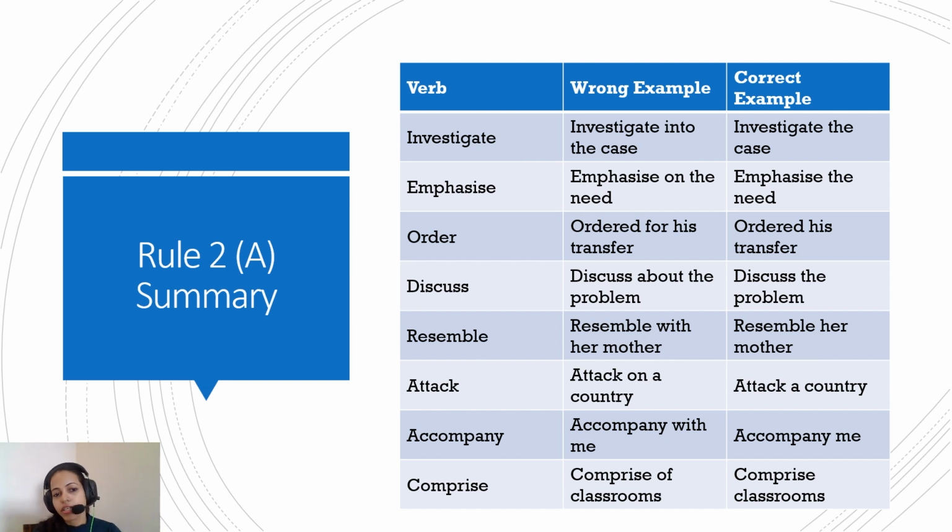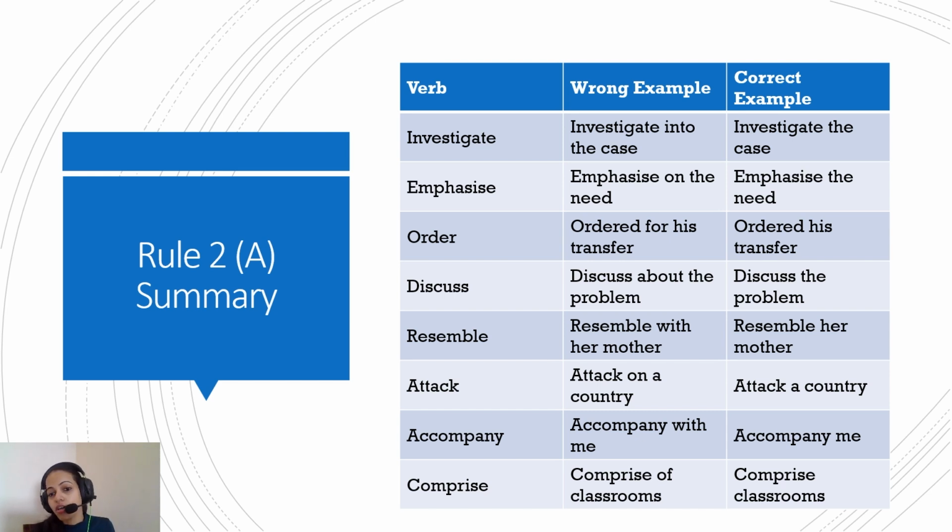Some of the verbs like investigate: the wrong example would be "investigate into the case," because investigate itself means look into something. So it need not be followed by into. You can directly say investigate the case. Emphasize: you cannot say emphasize on, because emphasize itself is a complete word giving the sense of emphasis on.